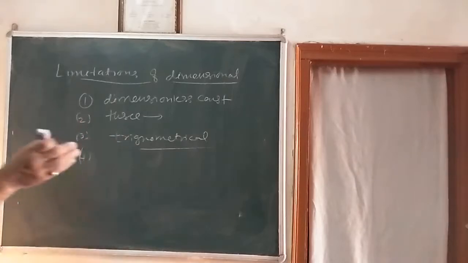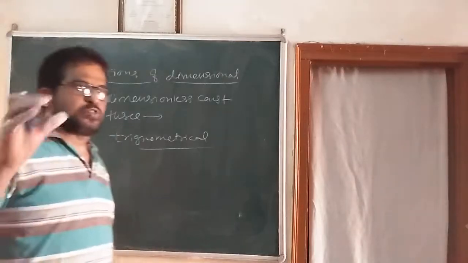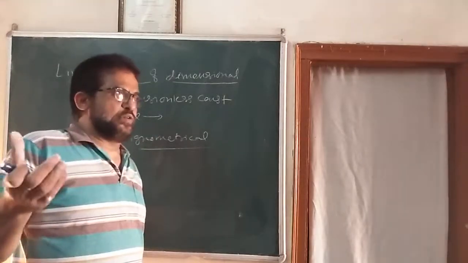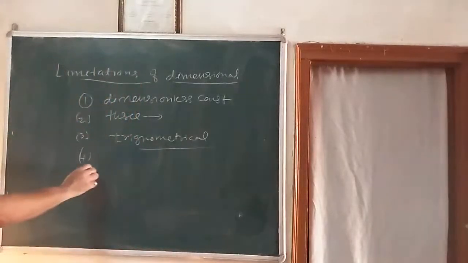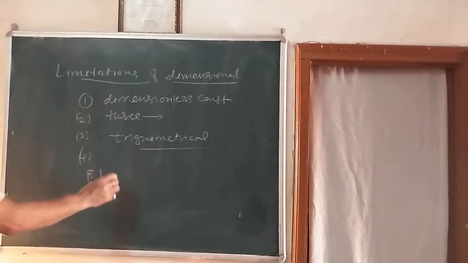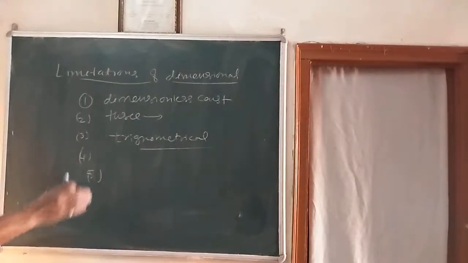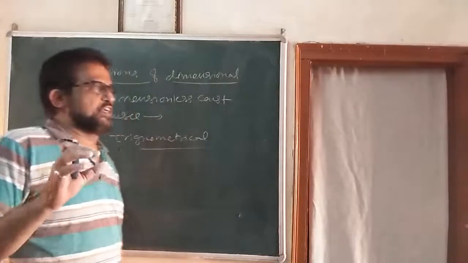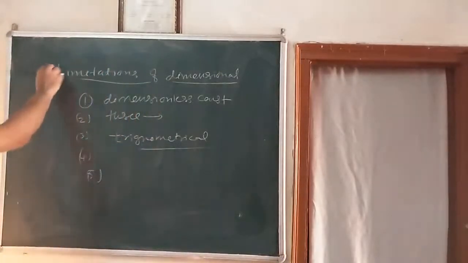We have to check dimensions of separate parts of the equation, then we may derive. Then last, it gives no information whether a physical quantity is a scalar quantity or a vector quantity. So these are the limitations of dimensional analysis.